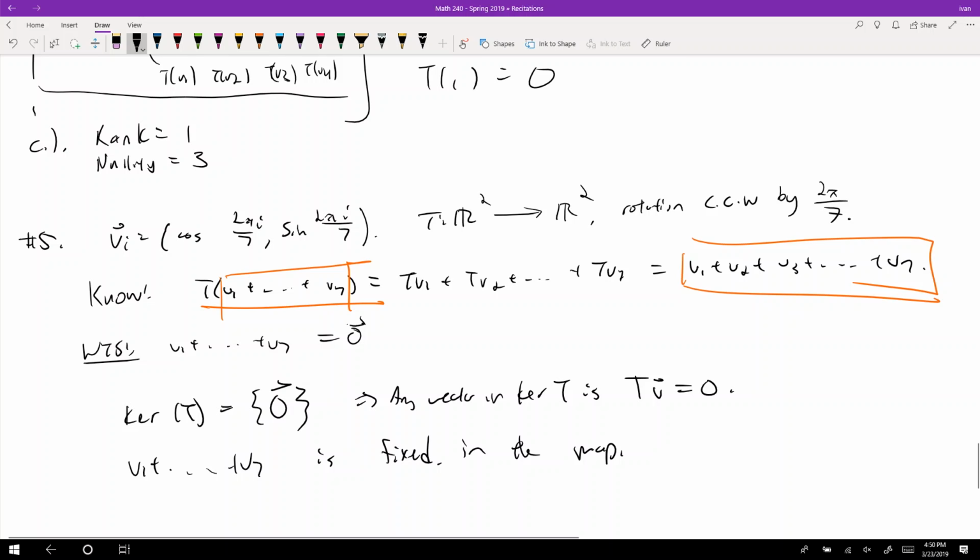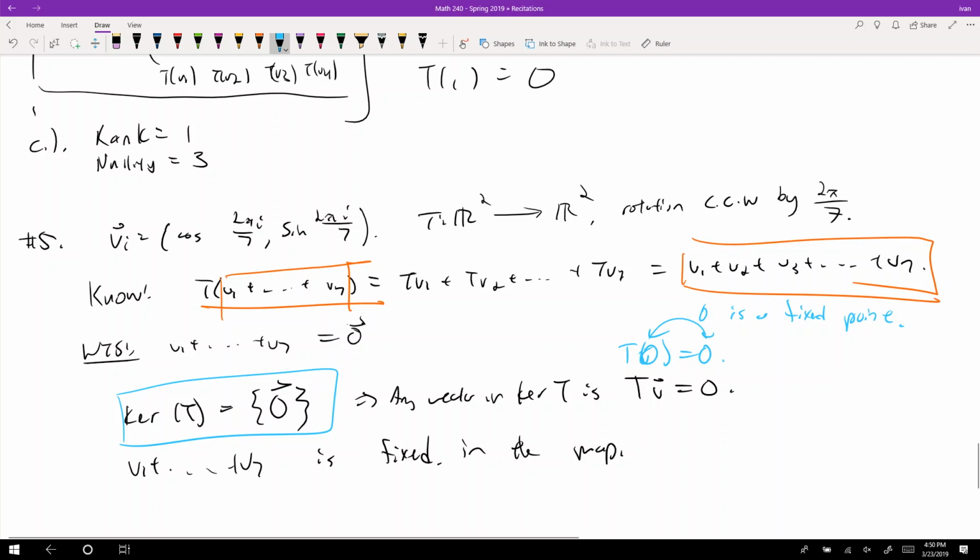But since we know that the kernel is trivial, what does this V have to be? 0, since the kernel is trivial. So this has to be T of 0 equals 0. So we see that 0 is a fixed point of the map. But what else do we know? We know V1 plus V7 is a fixed point.